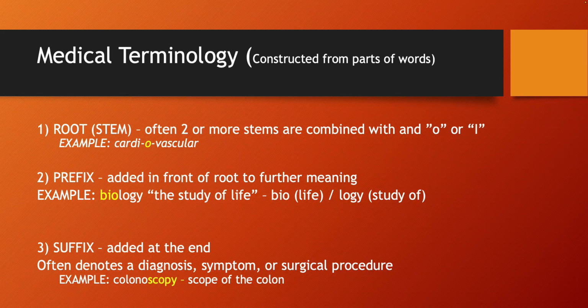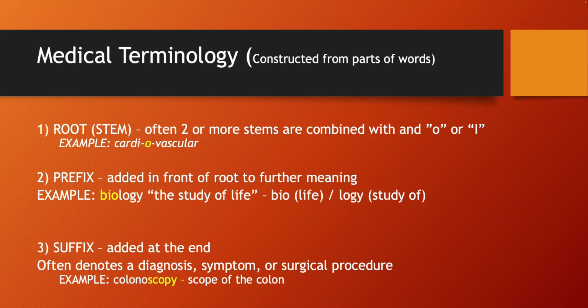Medical terminology. Let's dive into this just a wee bit. So medical terminology uses little parts of words to create words that we can break apart and then understand what they mean. Typically there is a root, or they call that also a stem, a prefix and a suffix.